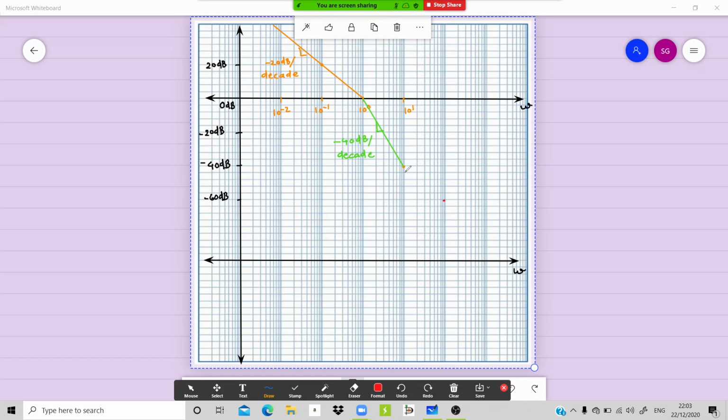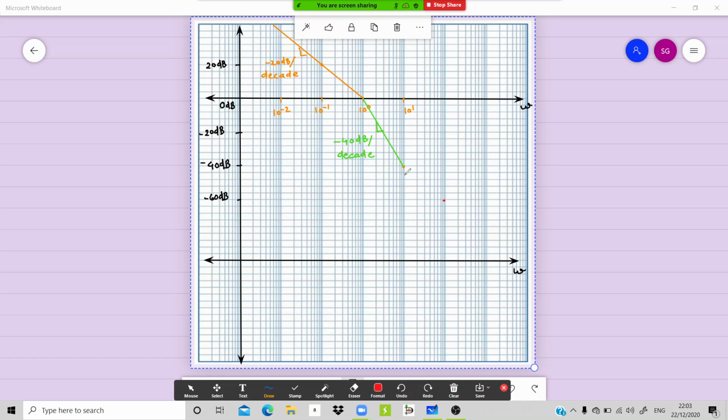So per decade 60, that means from this point till this point you should have a change of 60. So yeah, slope should still increase. So let me see now. Because it was 0 at this point, it was easy for me, but now we are on 40, and I have to draw with 60. So it is going to be 1, 1, 2, 3.